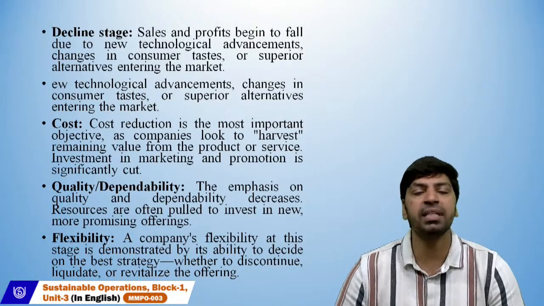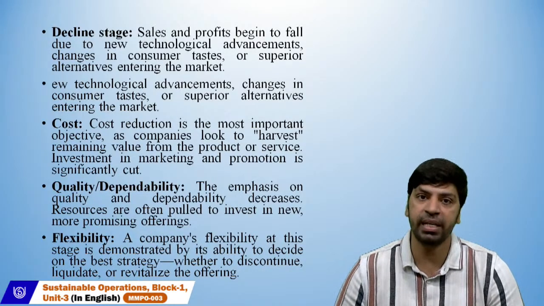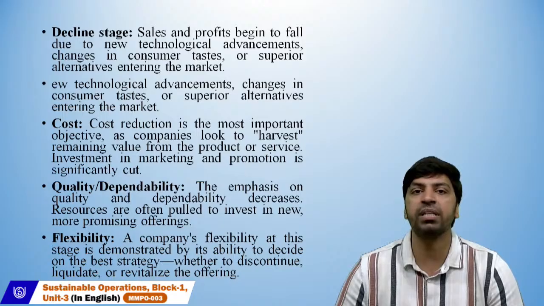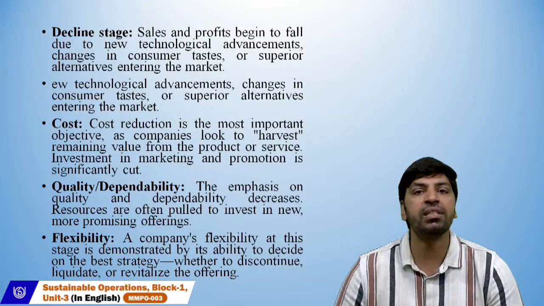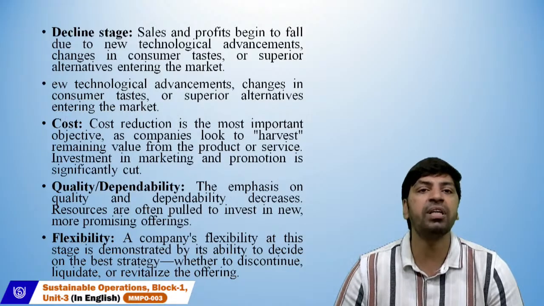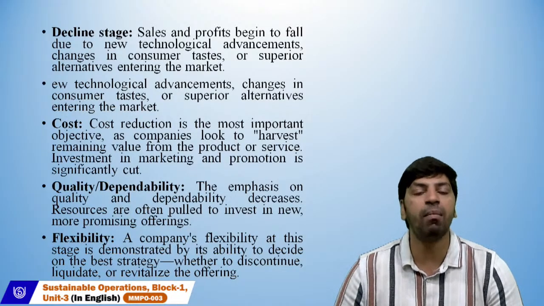And the last stage is the decline stage, where the sales and profits begin to fall due to new technological advancement, changes in customer taste or preferences, and superior alternatives entering the market.